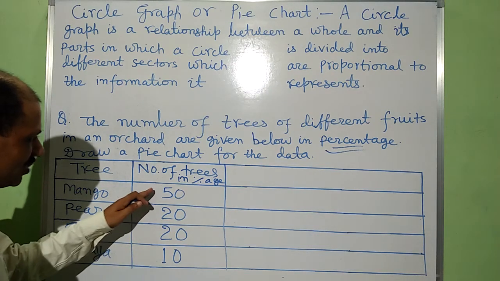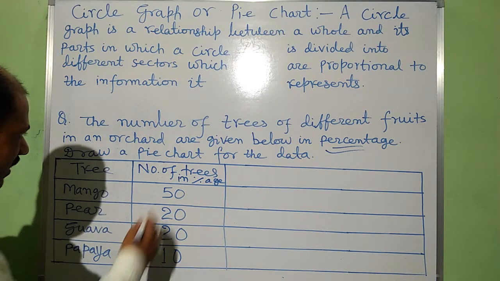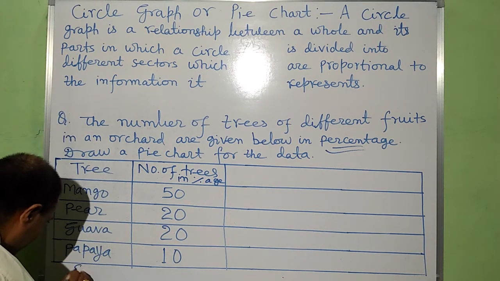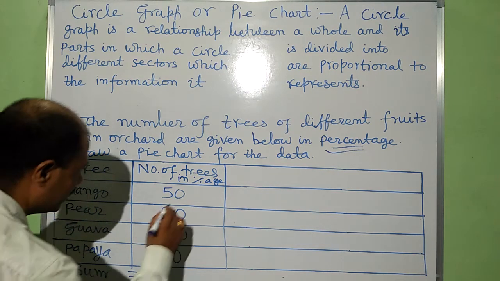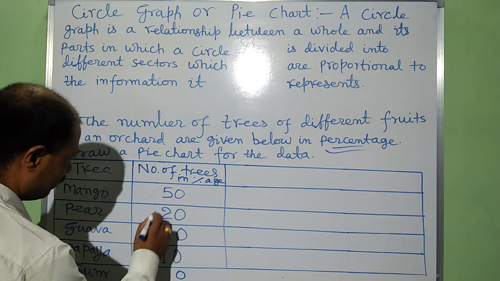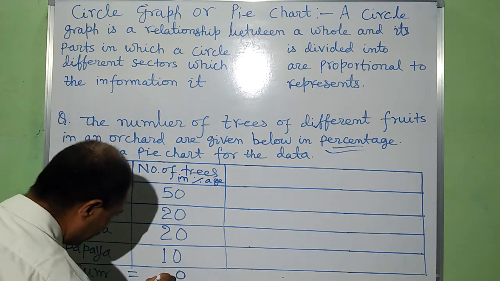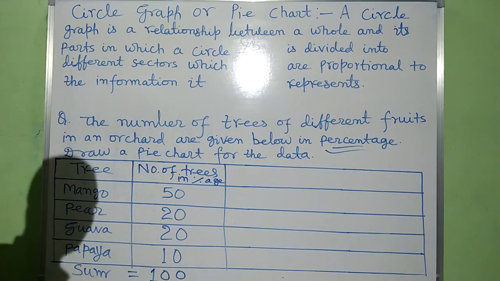First of all, we have to change it into fractions, as its sum or total will be 100. Percent means out of 100.